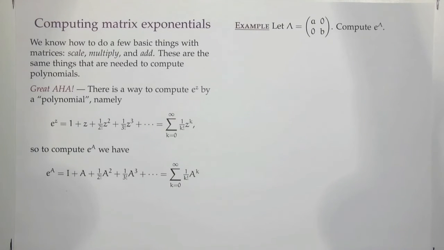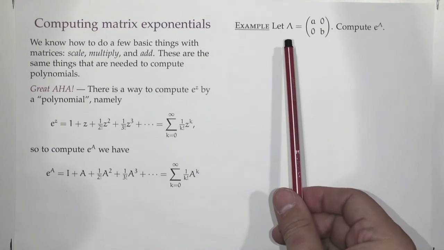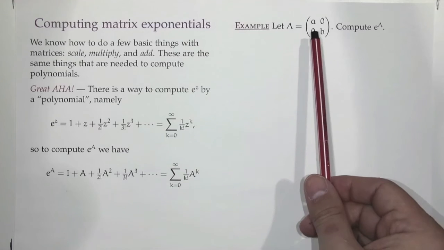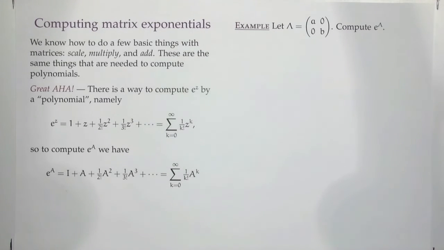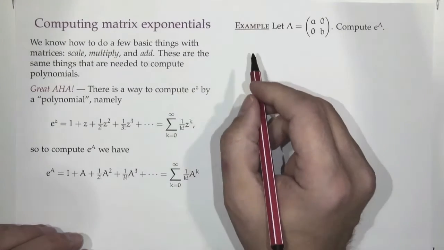So let's do it. Let's do a really easy case. If I have my matrix lambda, a, 0, 0, b, this is what we call a diagonal matrix. The reason we call it a diagonal matrix is the only things that are non-zero are on the diagonal. Compute e to the lambda. All right, well, let's make a couple of notes.